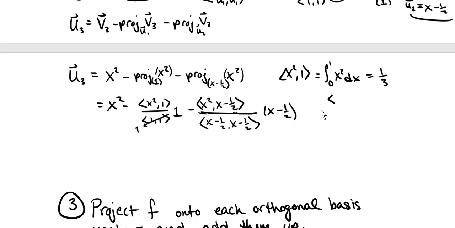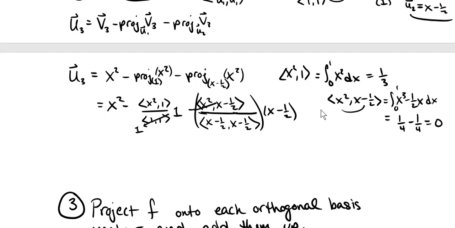X squared with x minus a half is the integral from 0 to 1 of x cubed minus 1/2 x. Just multiply these inside. And what do I get? I think here I get 1/4 minus 1/4 is 0. Well, that's kind of nice. That means I actually don't have to finish up this. This whole thing is 0, meaning it zeroes out this guy.